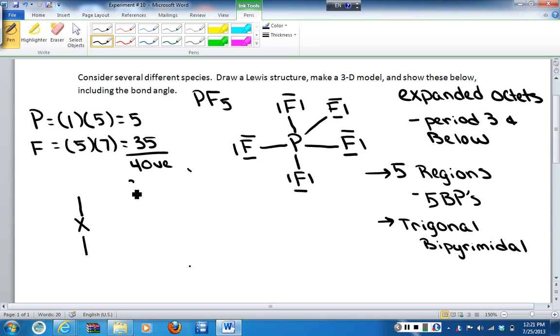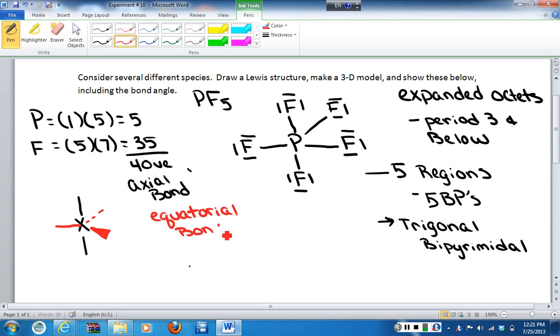Now, we're also going to have 3 equatorial bonds. One of them is going to be in plane, one is going to go behind, and one of them is going to go out of the plane. So we have equatorial bonds and axial bonds.